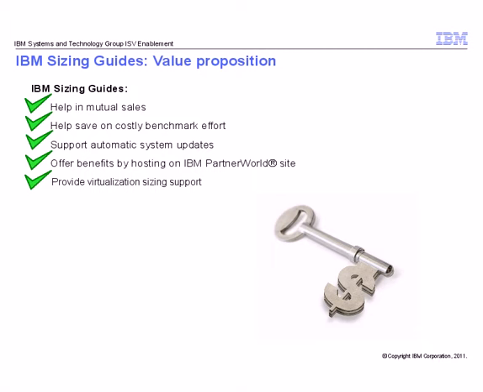Support for a virtual input and output server, or VIOS, helps achieve better storage sizing and utilization. IBM System X virtualization support has also been added because more solutions are being supported on the x86-based platform to reap virtualization benefits. IBM Sizing Guides also provide a wide range of benefits.